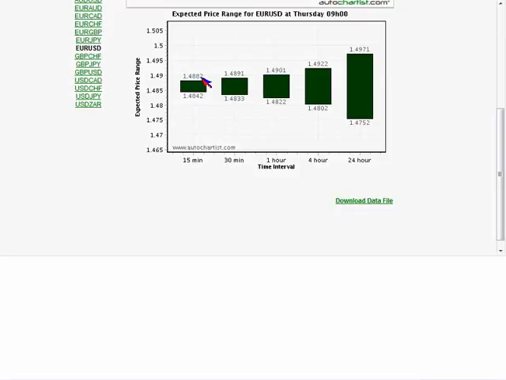Now this will adjust in about 2 minutes when I get my expected price range for 9:15 to 9:30. But for now, I can see, as I was watching this chart between 9 and 9:15, it was not very likely that I'm going to see that trigger that I want on that 15-minute Euro-US dollar.